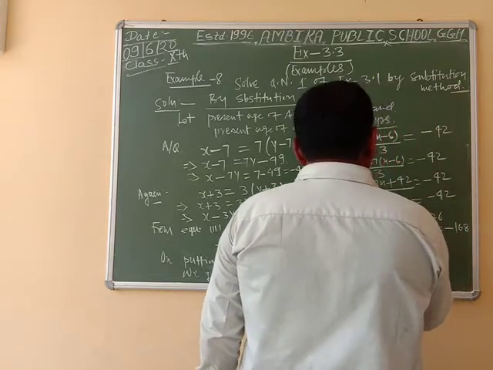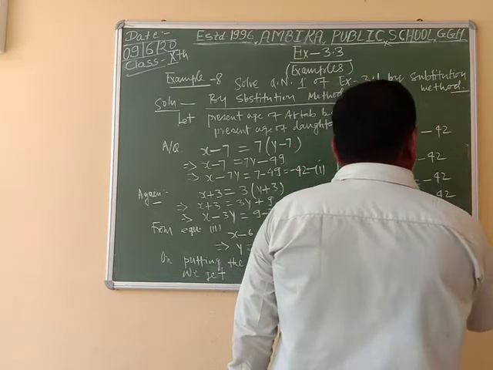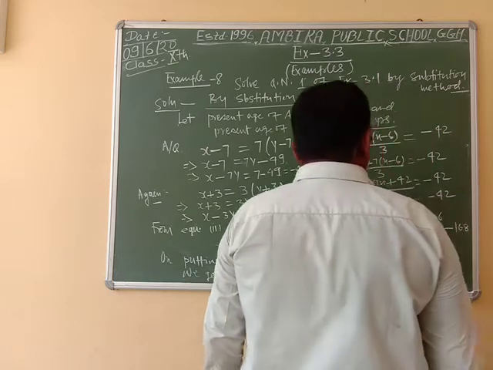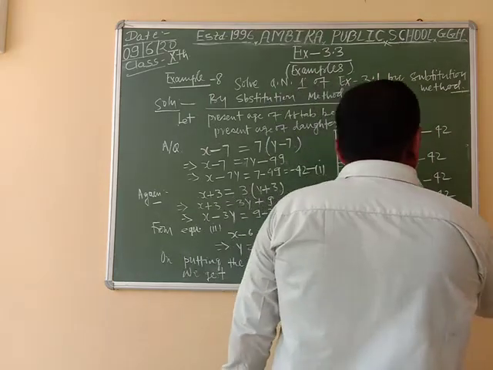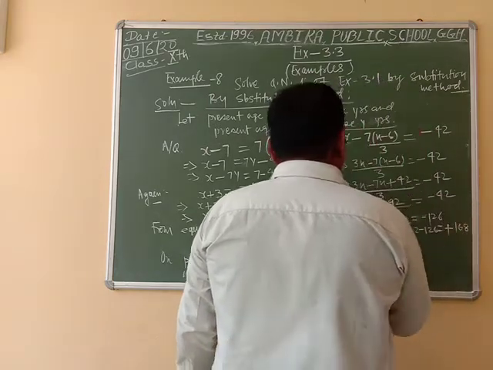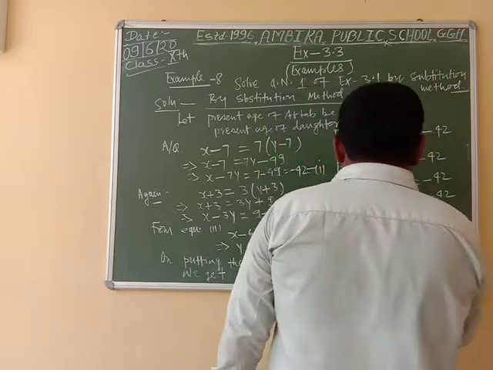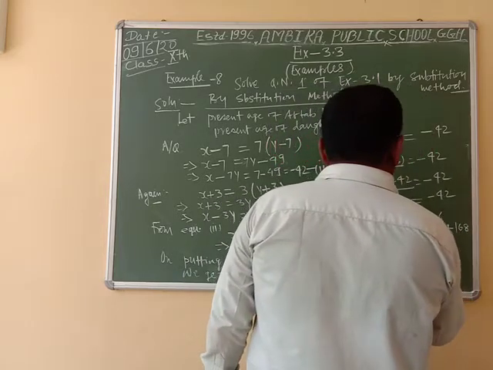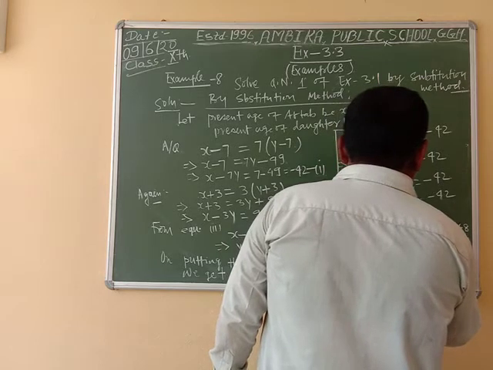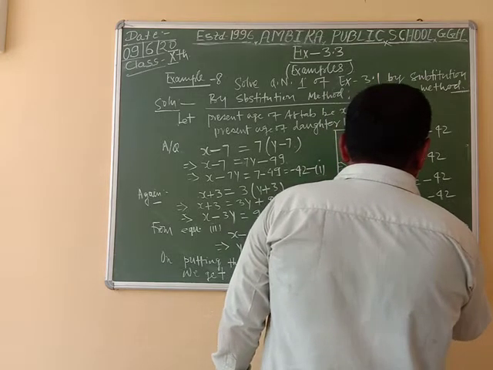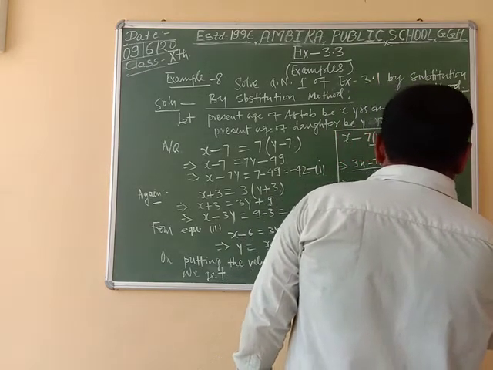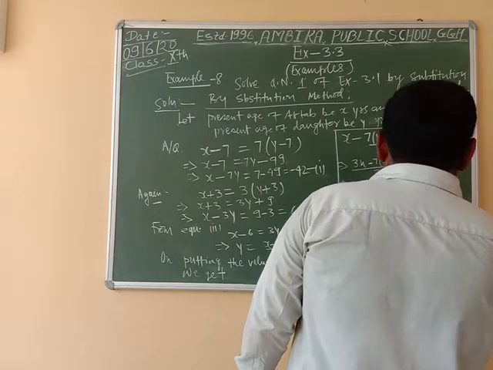Here both sides have the negative sign, so we make it positive. x is equal to 168 by 4. Dividing, x is equal to 42.